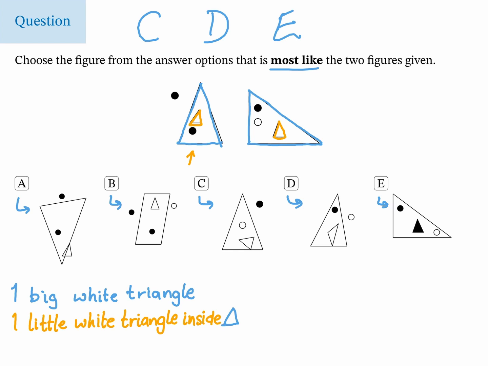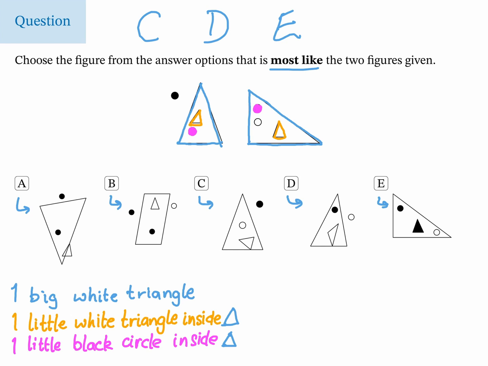Now let's also take notice of the fact that inside each of the figures, so let's start with this one, we've got a little black circle inside the big white triangle. So one little black circle inside, once again, the big white triangle.